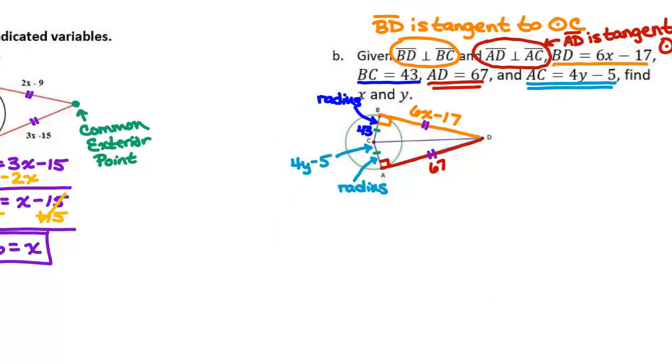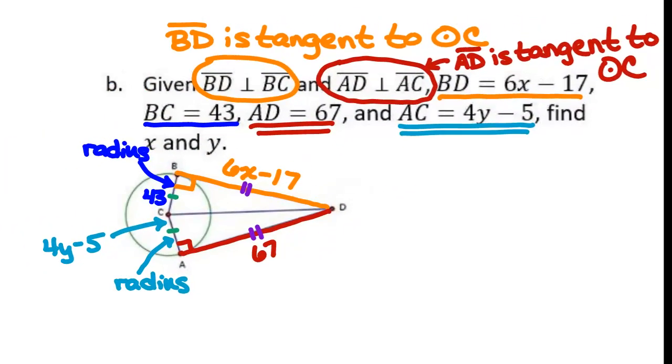What did we say we knew about these two tangent lines? They're congruent. So what can I do with their measurements? I can set them equal to each other. Absolutely correct. So I would have 6x minus 17 is equal to 67. And now we're going to solve this for x. So I'm going to add 17 to both sides.